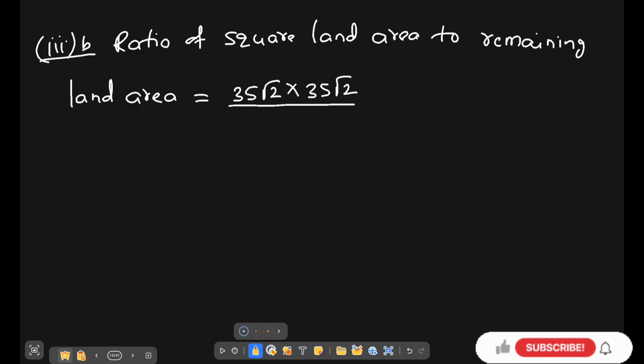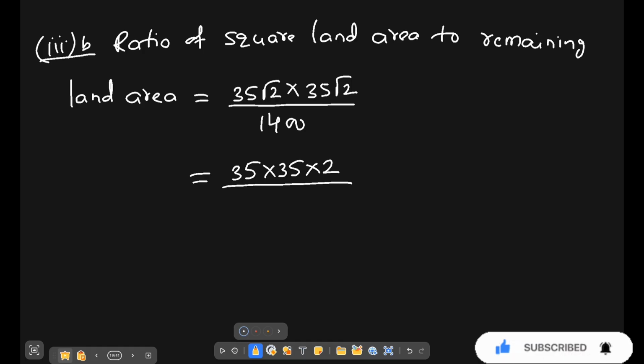Now the remaining area is already 1400. Now 35 into 35, and root 2 into root 2 is 2, divided by 1400. Now let's cancel with the 2 table: 2 ones are 2, 2 seven are 14, so 700.